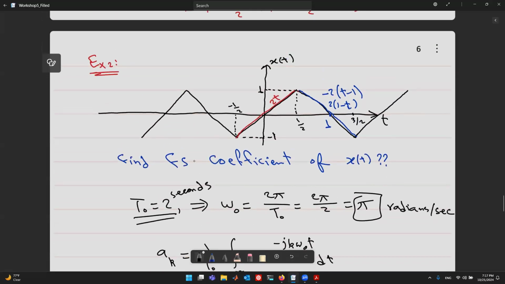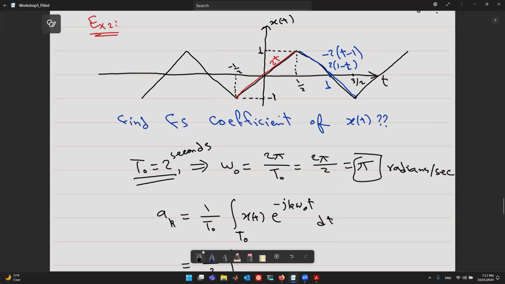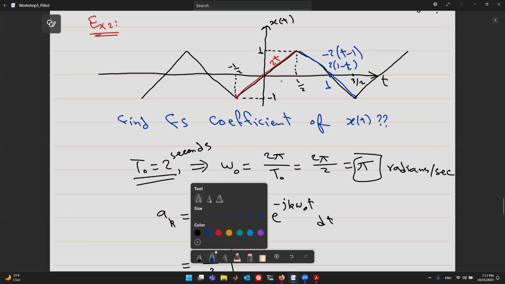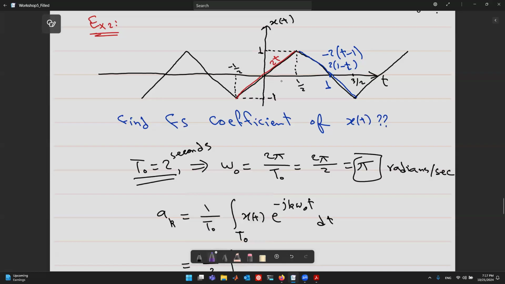And we need to decide the limits of the integration. We can do it from here to here, over 1 period. So from -1/2 to 3/2.